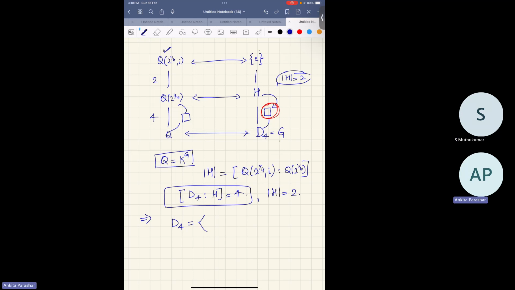A rotation of 90 degrees generates a cyclic group of order 4, and a reflection is an element of order 2. So if I take 1, R, R square, R cube, S as a reflection, then RS, R square S, R cube S. These are all the possible 8 elements, right?